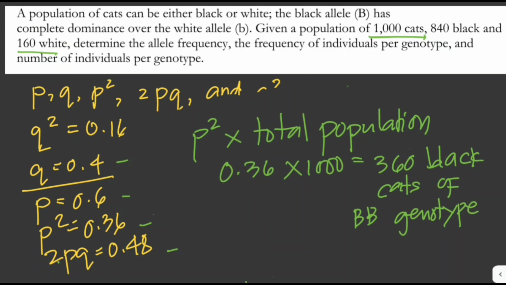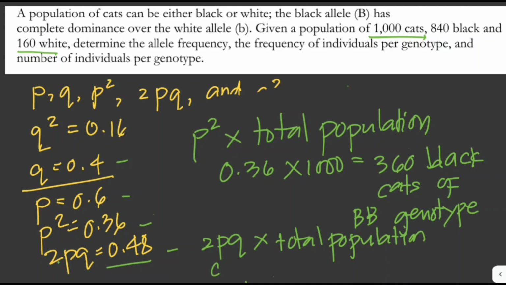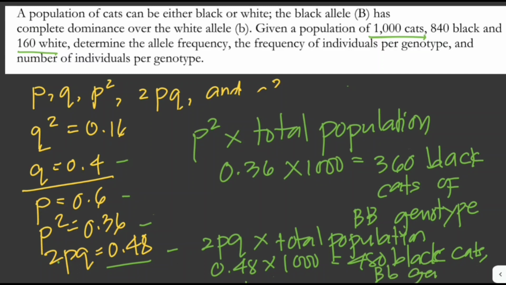And then for the big B and small b genotype, we just have to multiply 2pq times the total population. That is 0.48 times 1000, which is 480 black cats of the big B and small b genotype.